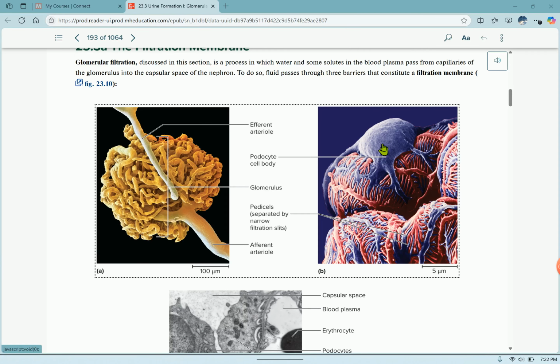All right, the podocytes. So there's the cell body of a podocyte. These are the tiny little slits that are going to allow certain things to pass through, and it's going to keep other things, such as proteins and red blood cells.